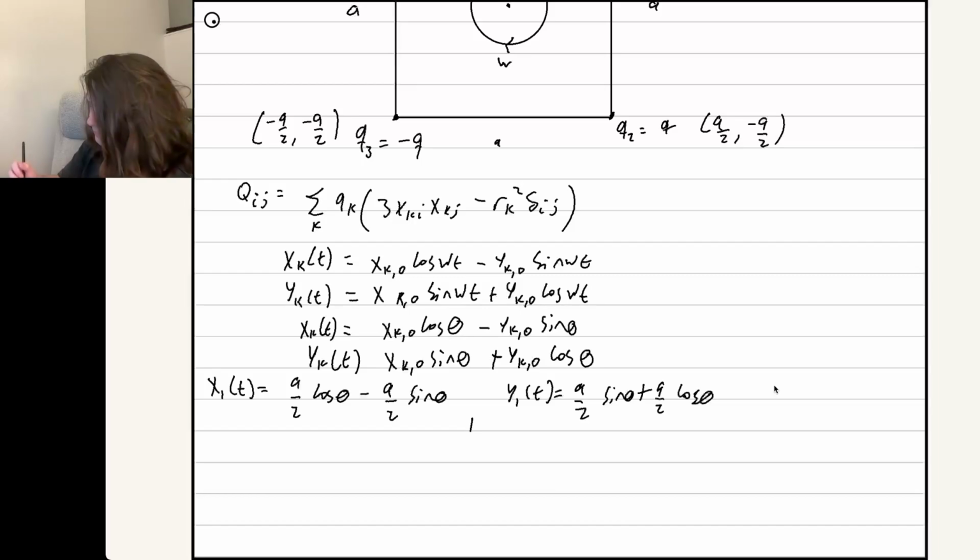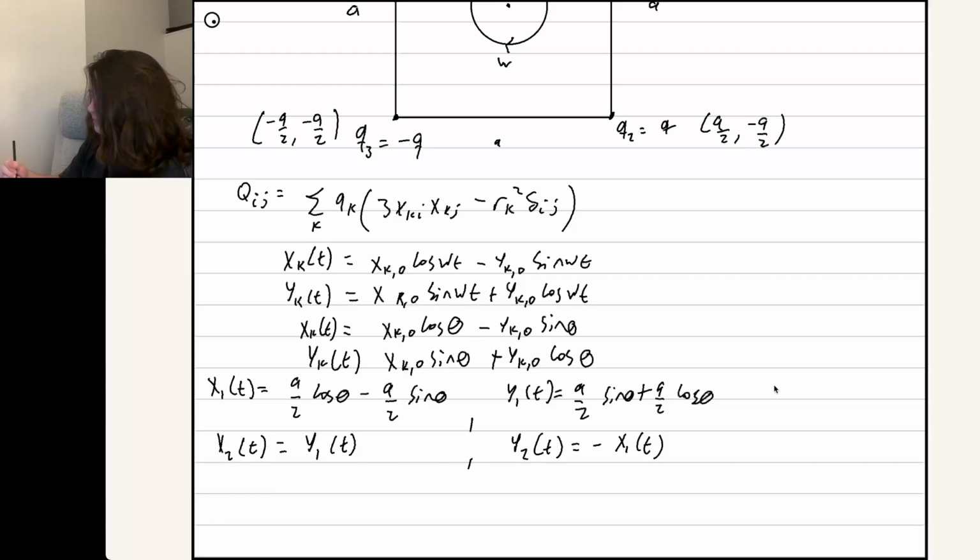And through symmetry arguments, those are really the only equations we need. The x position of the second particle will be the same as the y position of the first particle at time t. The y position of the second particle will be minus the x position of the first.